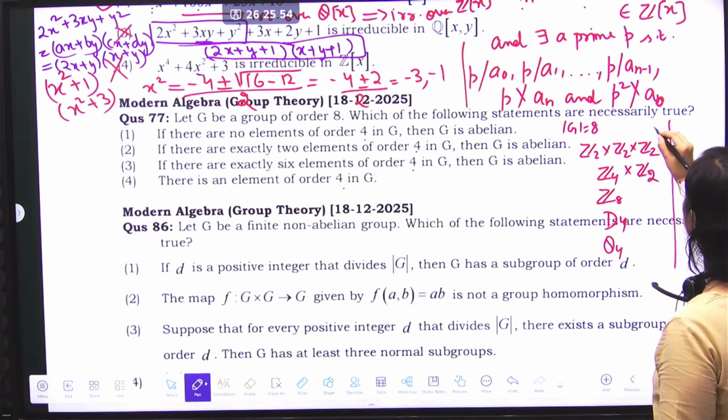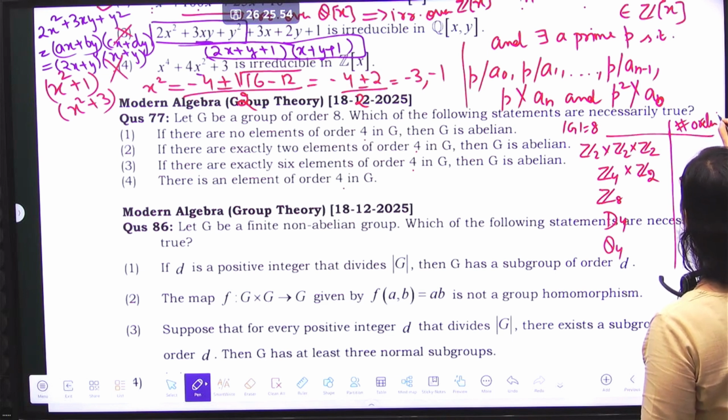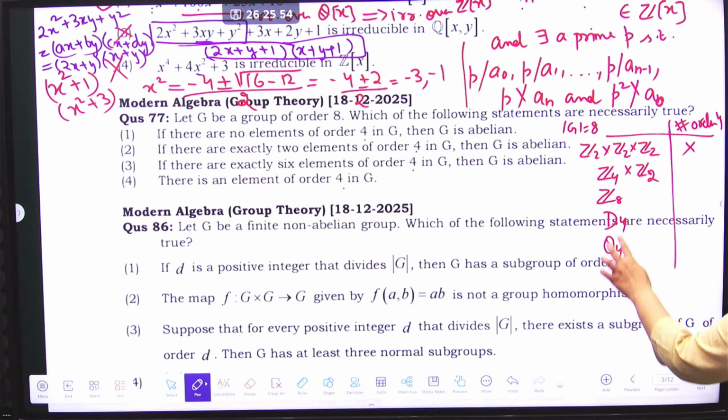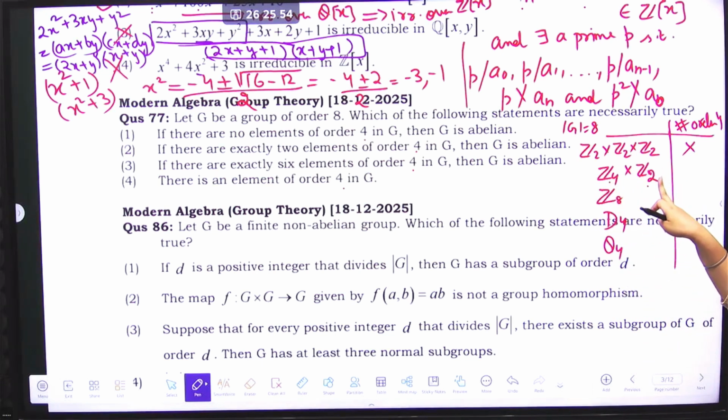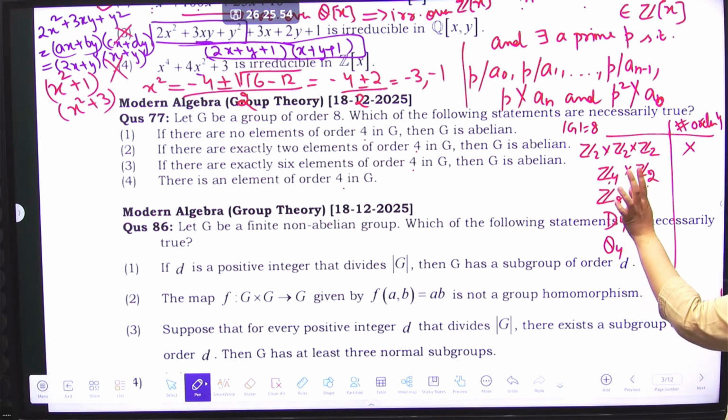If I mention the number of elements of order 4, then Z2 cross Z2 cross Z2 has no element of order 4. For Z4 cross Z2, the element (a, b) has order 4 if the LCM of the order of a and the order of b is 4.